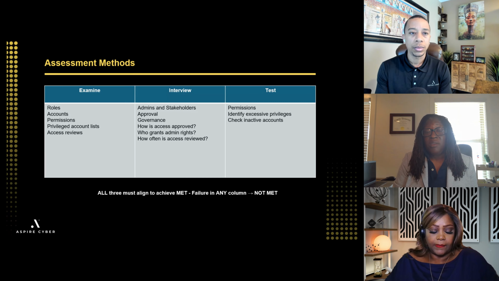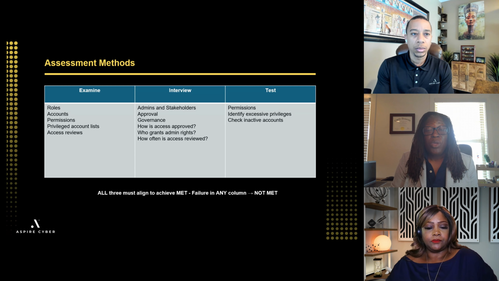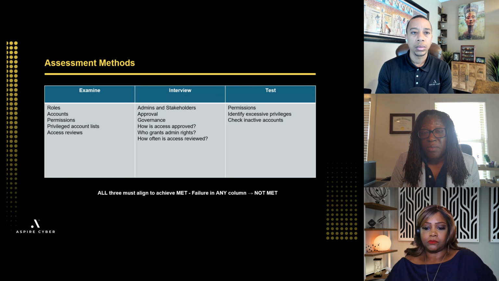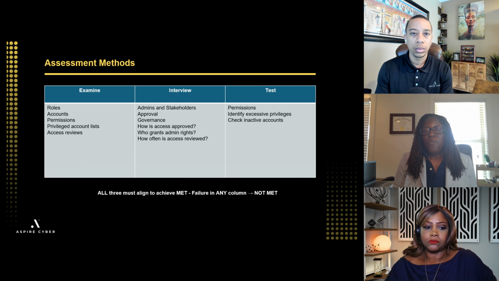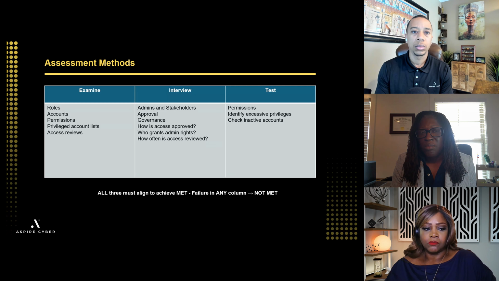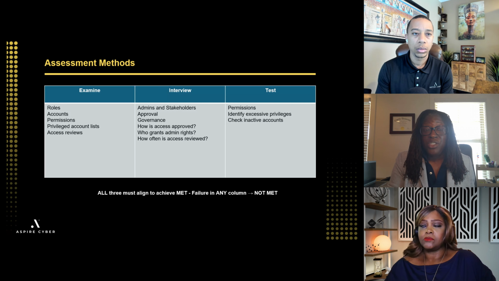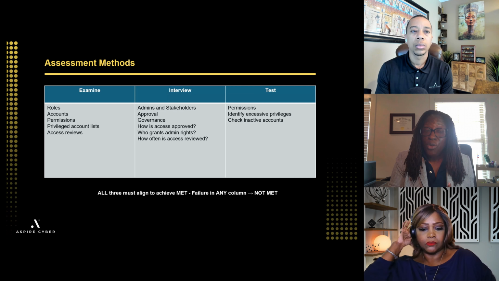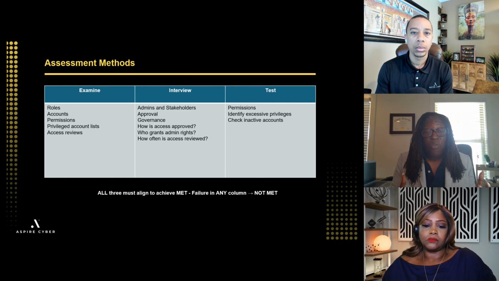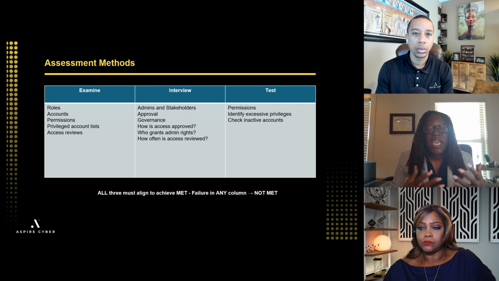When you're talking about testing, we are testing for functionality. When we are talking about interviewing, we're really interviewing to gain a more clear understanding. When we are looking at examining, you are examining configurations, setups. You are looking at the overall permissions, the accounts.